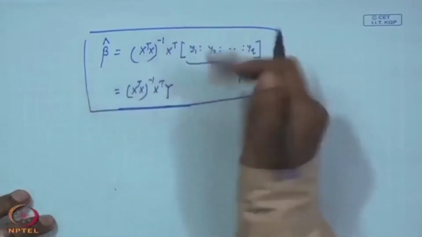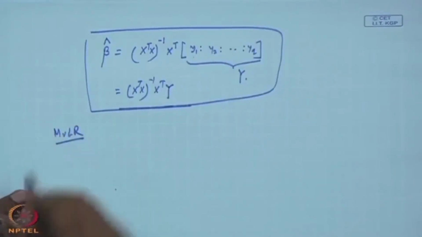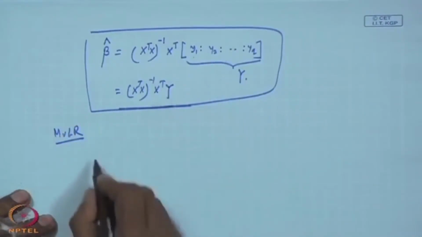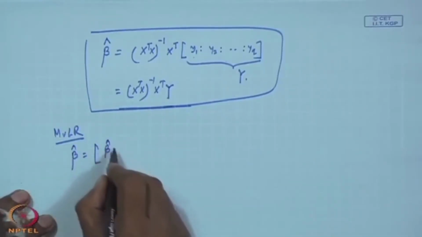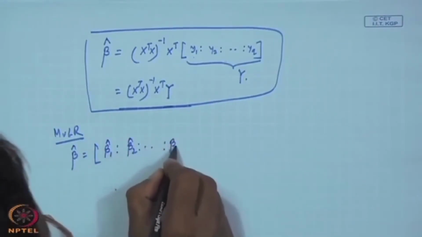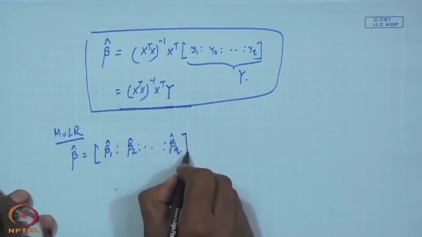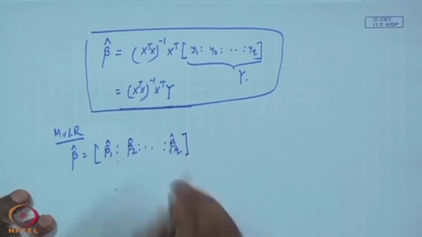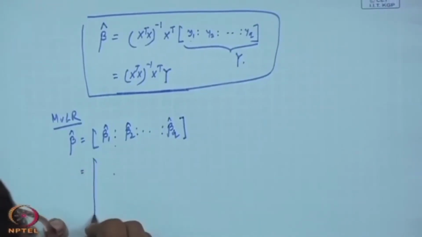and in the least square estimate for MBLR, you will get beta cap like this, which is your beta 1 cap, beta 2 cap, up to beta q cap.